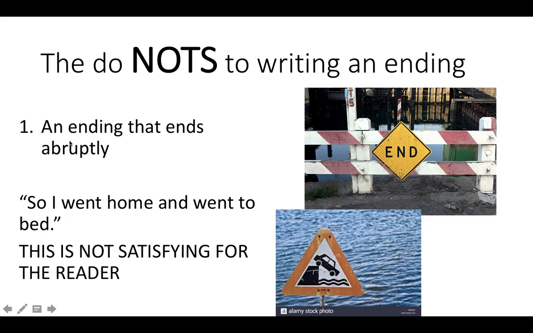So it says an ending that ends abruptly. In case you don't know what that word means, abruptly means something that happens quickly, right? So if you look down here at this sign, all of a sudden the wall abruptly stops and it's water. So abruptly means that something without warning, it just ends, right?